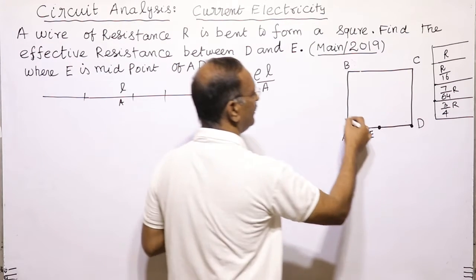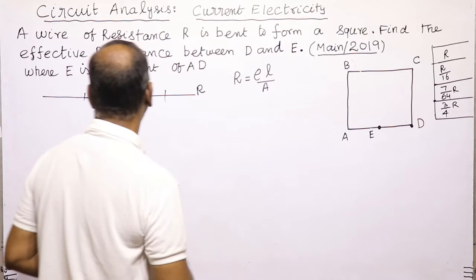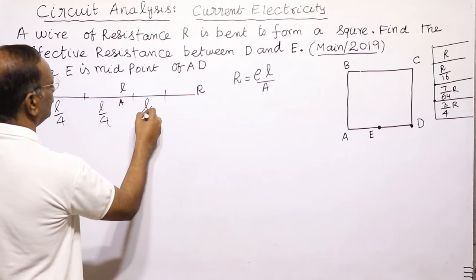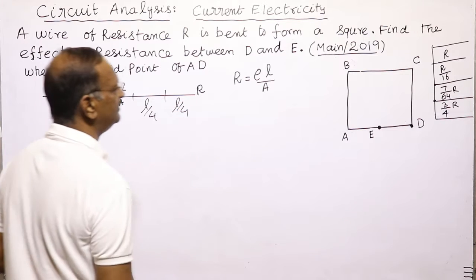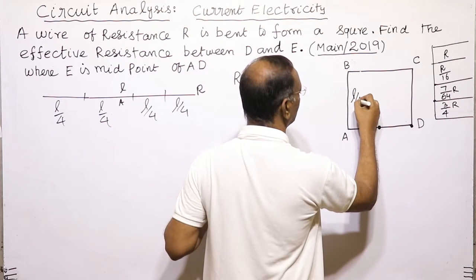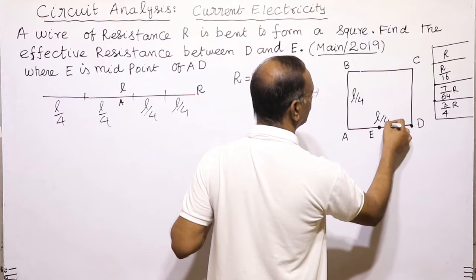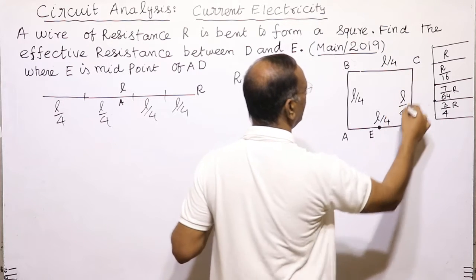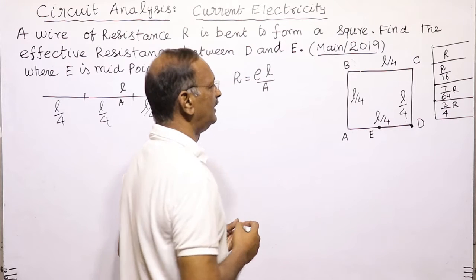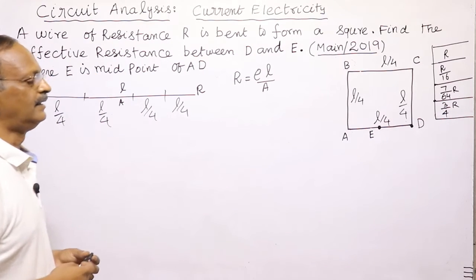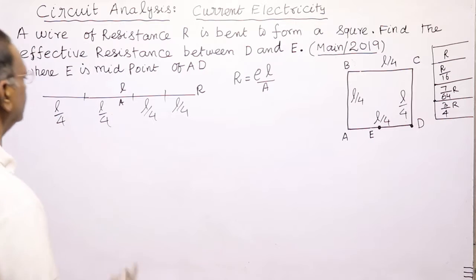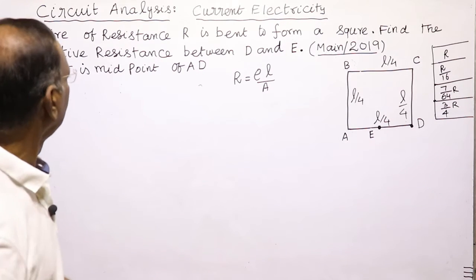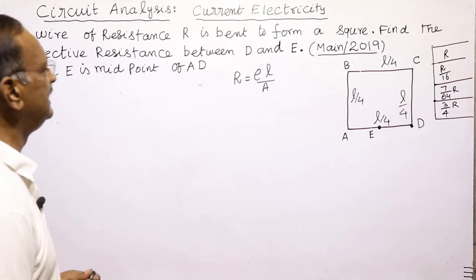Each side will be L by 4, L by 4, L by 4 and L by 4, and the total length is equal to L. Now what is asked in this problem is to find the effective resistance between D and E.